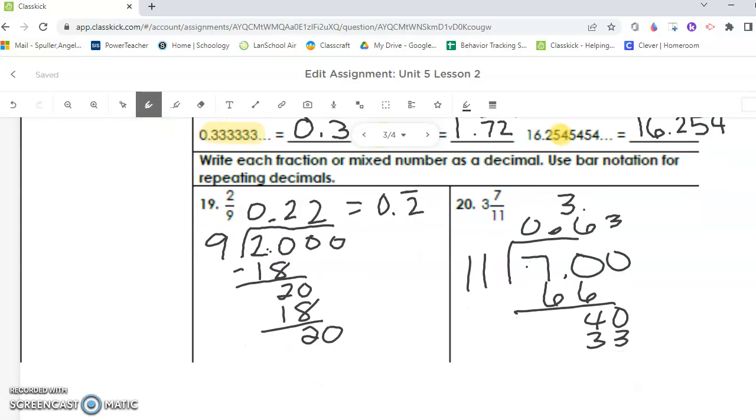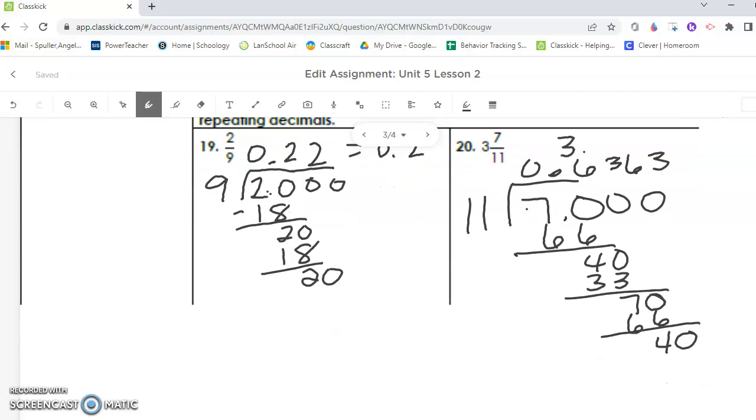That's going to give me 7. Uh-oh, I see a pattern again. So here we have 6 going in there, 66. That gives me 4. Add a 0. Goes in there 3. So I could say that this number is equal to 3.63 with the 63 repeating.